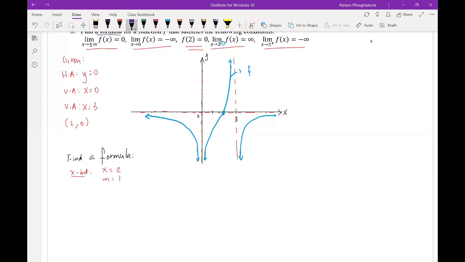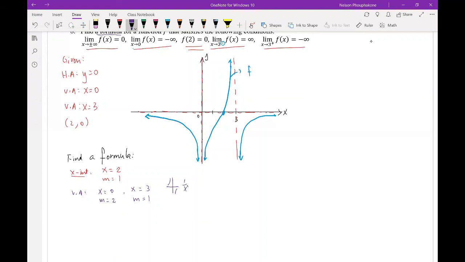For the vertical asymptote x equal to 0, the multiplicity is 2, and for x equal to 3, the multiplicity is 1. The reason is that this one, the graph looks like 1 over x, so therefore it is 1 right here.